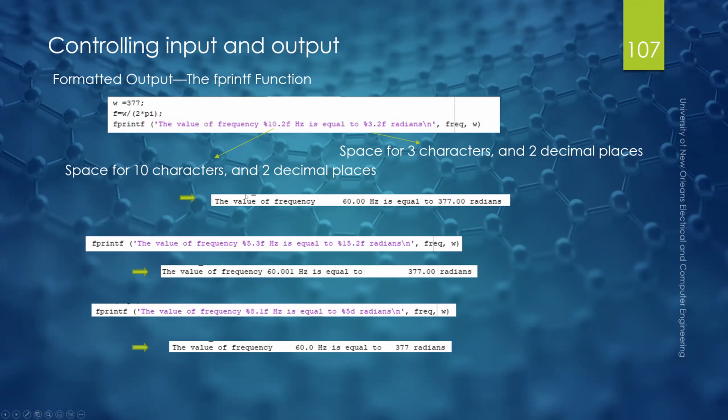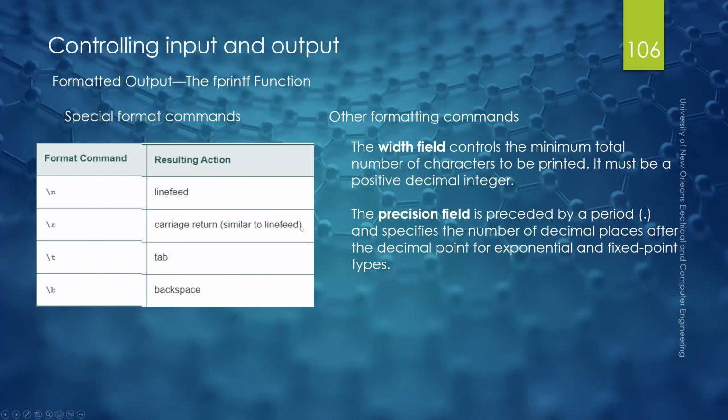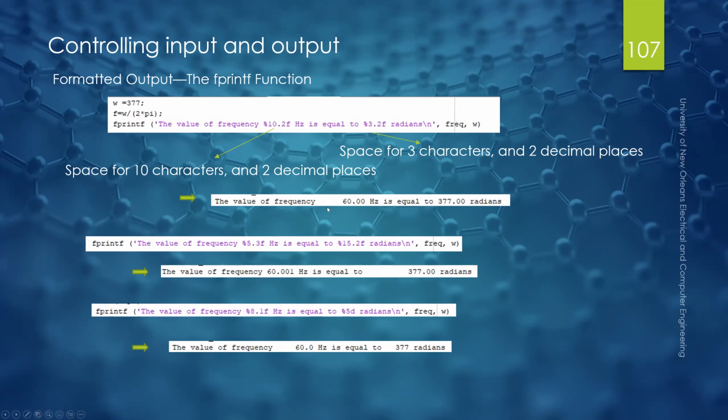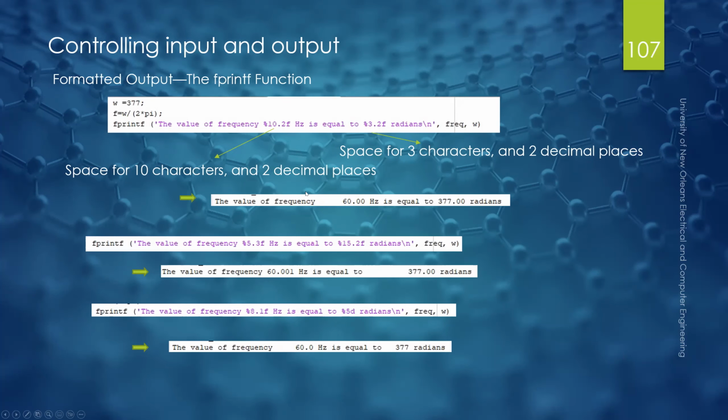So if I run this little command now with these formatted placeholders, it's going to display this information, see? It says now the value of frequency, and now you see a lot more space than before, right, between frequency and the actual value. So that's what the width field does. It controls the minimum total number of characters that are going to be printed.